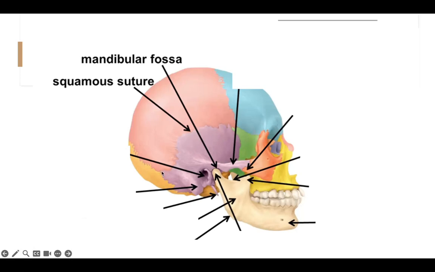So this is the squamous suture separating the parietal bone in pink from the temporal bone in purple. We can also see the coronal suture here separating the frontal and the parietals, and we can see clearly the lambdoid suture separating the occipital, that inferior and posterior bone of the skull, from the parietals.